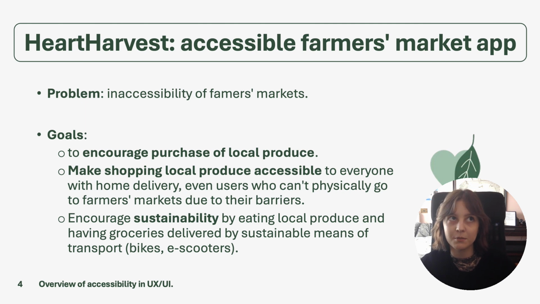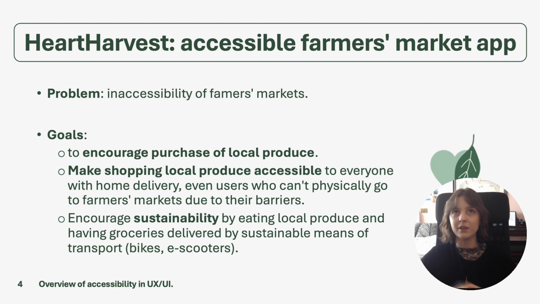Now onto the presentation of the actual prototype that I designed. So basically the app that I designed was an accessible farmers market app. The idea for this project came to be one day when I was walking past our main farmers market in Maribor, and I figured out that it's basically located on a hill and there is very little space between the stands.